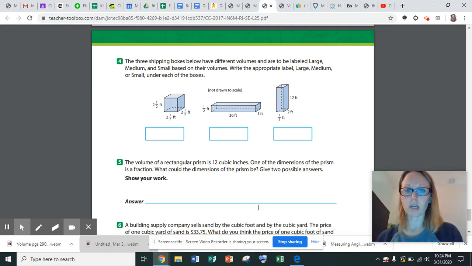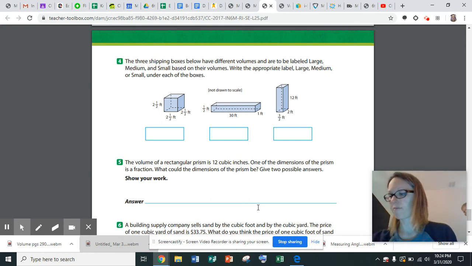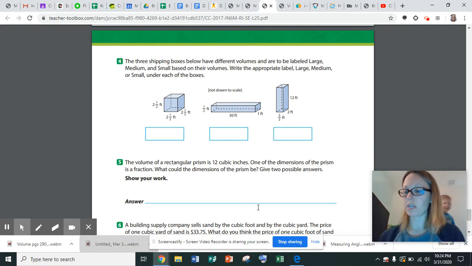All right, then when you take 30 times 1 times 1/2, that's just going to give you 15 because half of 30 is 15. So that one is 15. And then you have 12 times 2, which is 24, and then 24 times 3 halves. 24 times 3 is 72, and 72 divided by 2 is going to give you 36.